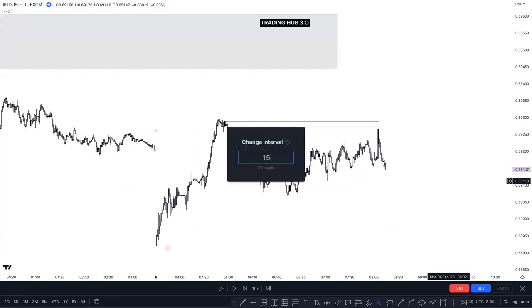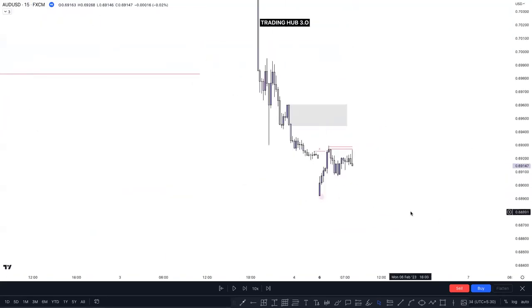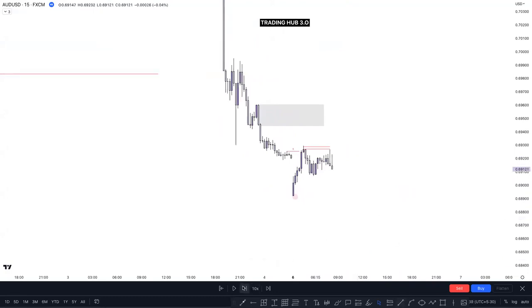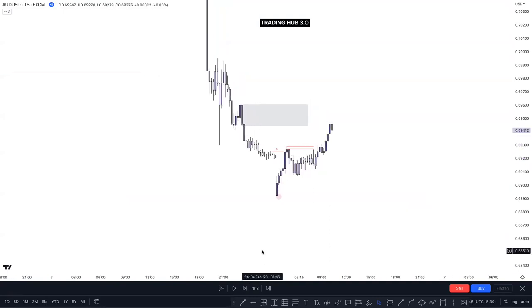Now switch again here to the 15-minute time frame. Okay, and let's see, you have to wait for the market to mitigate your POI zone, right? So this one is your POI, right? Once the market taps your 15-minute POI, then you can sell here based on a 1 minute time frame, based on lower time frame confirmation.